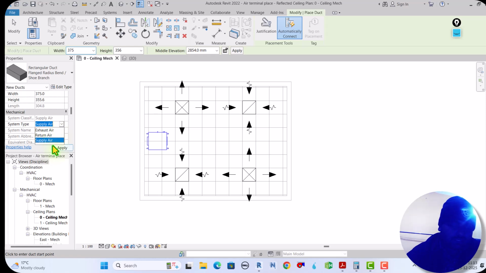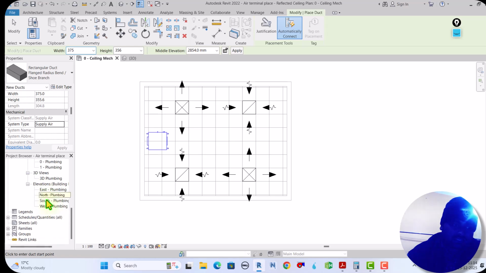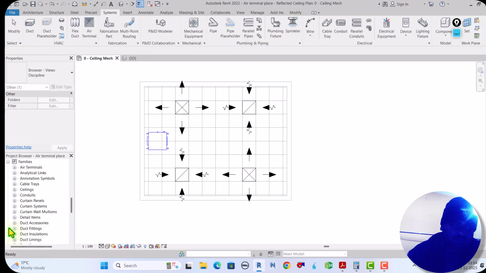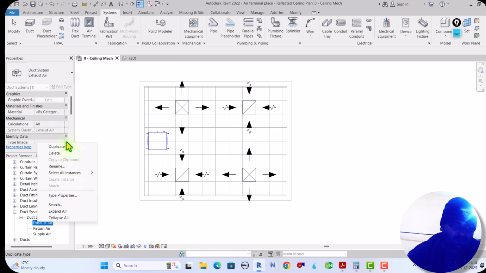There is no fresh air duct, so we need to know how to create it. Here, if we want to create, we can create a duct system, and we will make a duplicate and write fresh air duct.